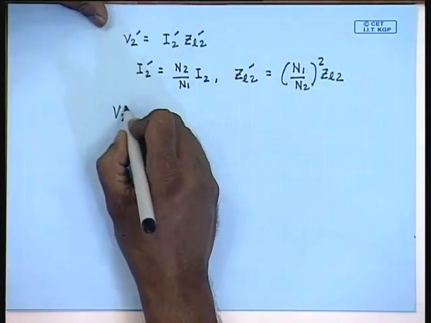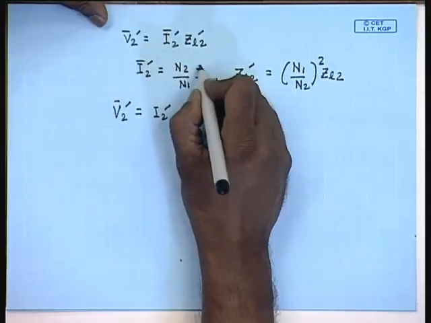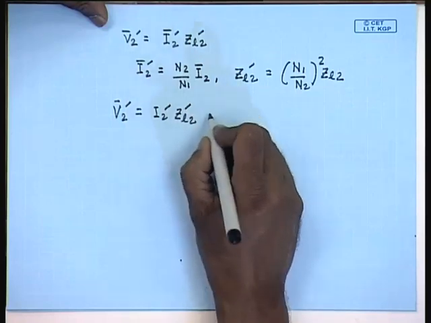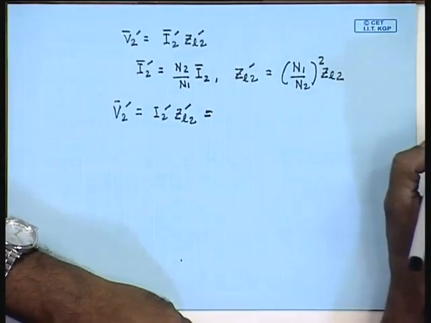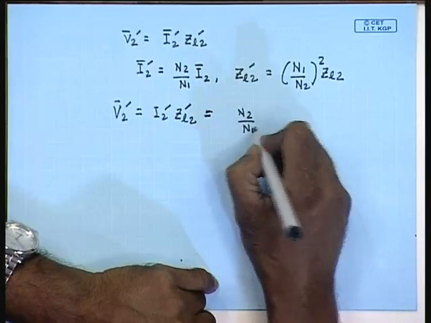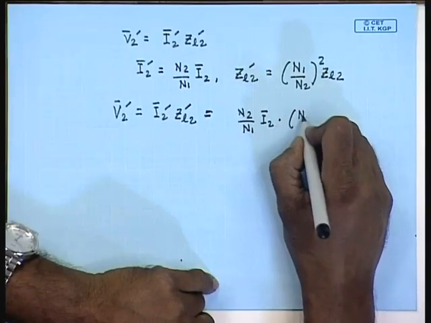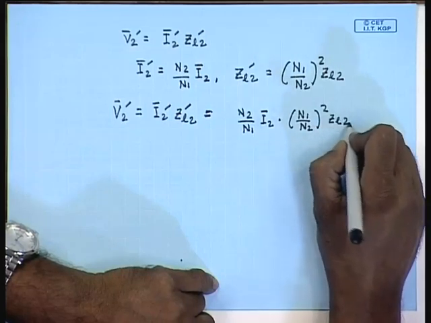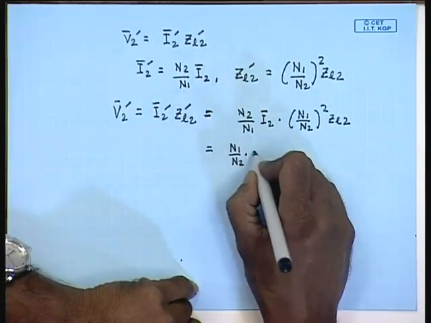Therefore, V2 dash equal to I2 dash ZL2 dash is equal to N2 by N1 I2 into N1 by N2 whole square ZL2 equal to N1 by N2 into V2.